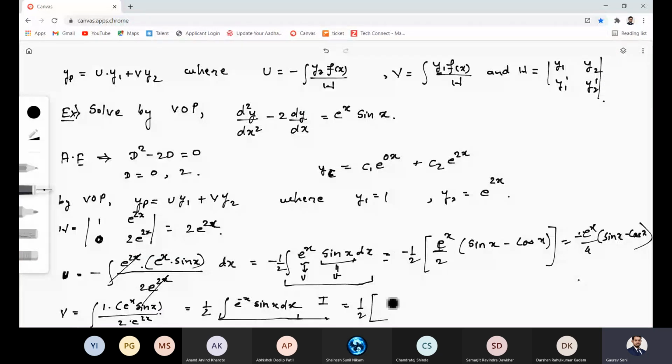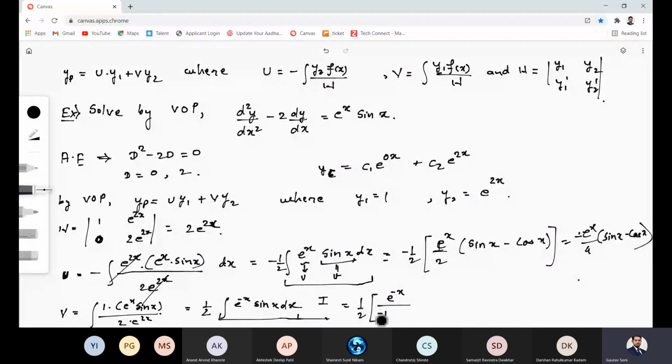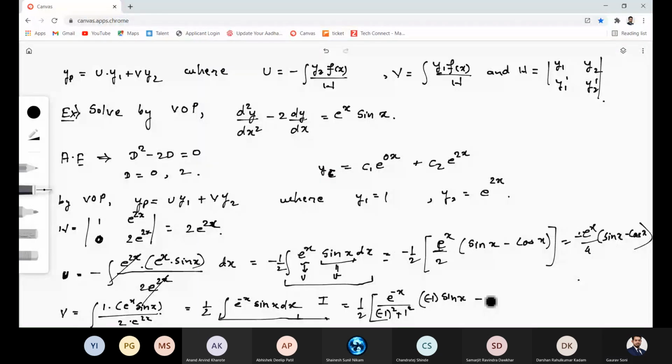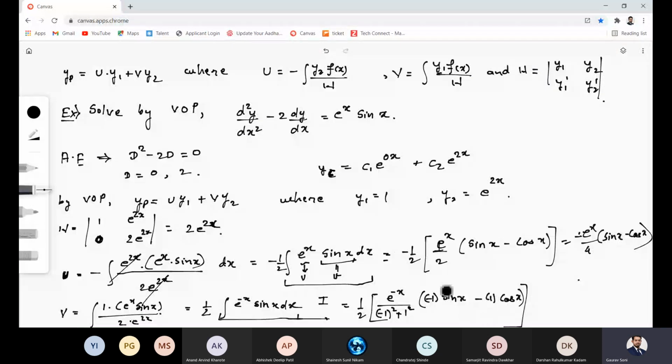The formula is e to the power minus x upon a square plus b square, minus 1 square plus 1 square in bracket, a sine x minus b cos x. So I think this will be the solution for this, and that you can put in yp and that will be the solution. I'll give you that formula too.